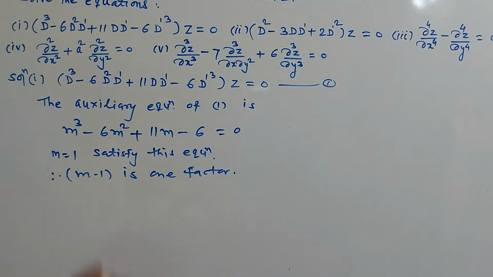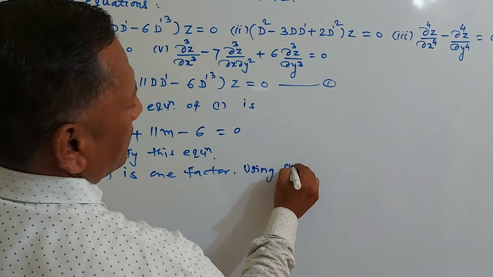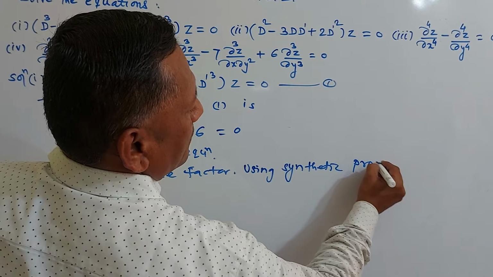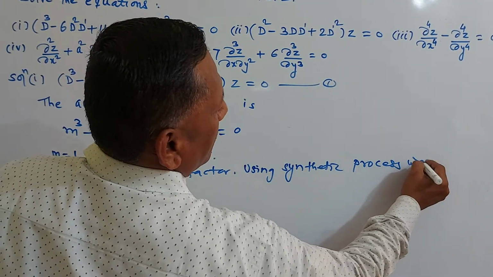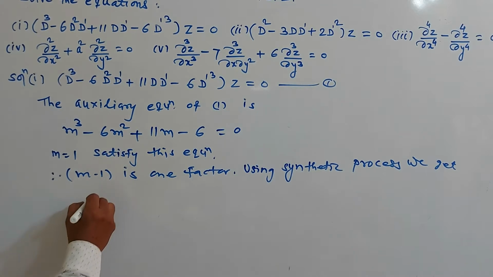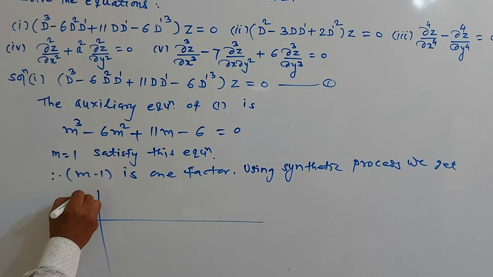How do you find the other factors? By making use of the synthetic method. Using the synthetic process, we have, already you know that process. Here m is equal to 1 satisfies, so here 1.